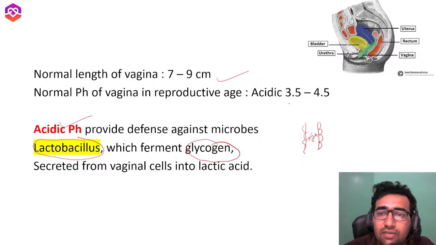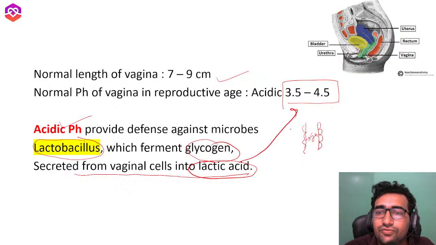That acidic pH is about 3.5 to 4.5. The acidic pH provides defense. Under this acidic pH, the majority of microbes are not able to live. Therefore, it's a defensive mechanism. The lactobacillus ferment the glycogen secreted from the vaginal cells and convert it into lactic acid. This lactic acid is responsible for the acidic pH of the vagina.